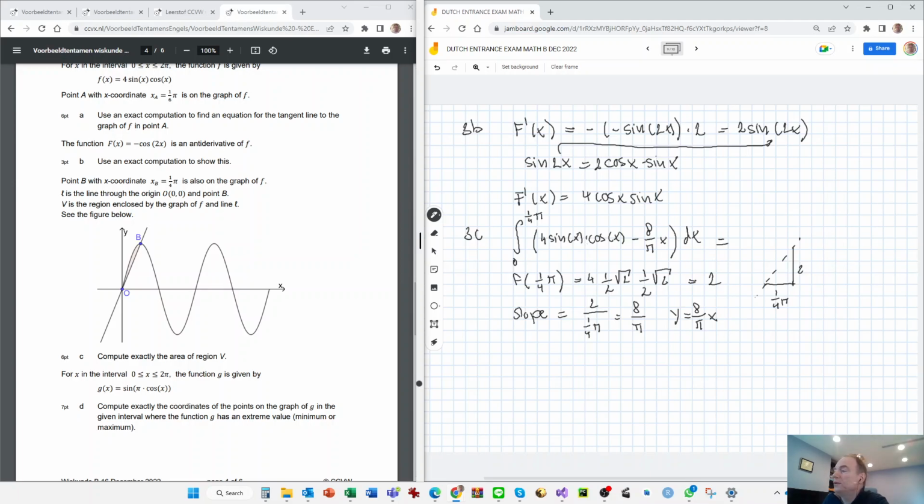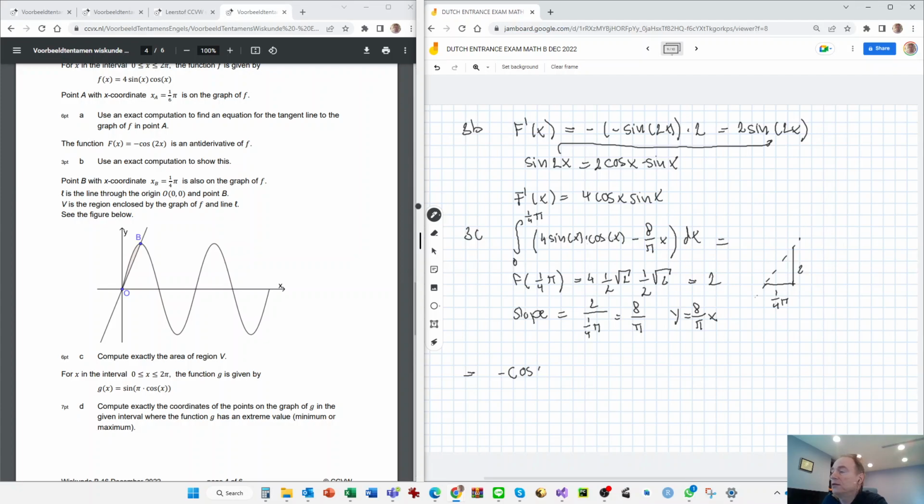So let me continue this here. They are nice enough to let us calculate what the primitive is of this function, namely minus cosine 2x. So I just substitute that.